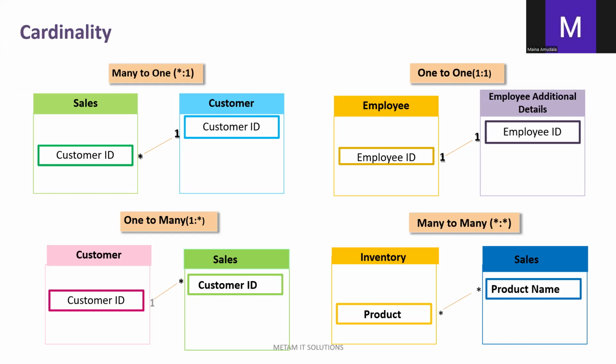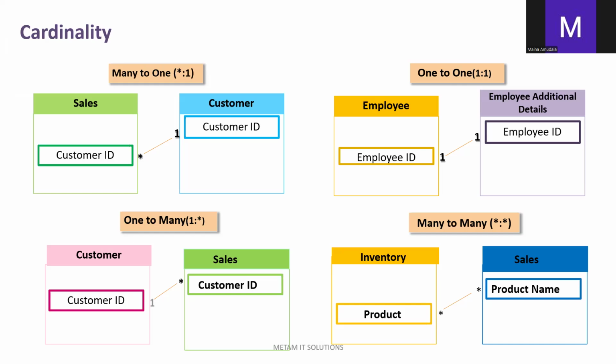And the next one is many to many. In the inventory table I am taking the column product, and in the sales table I am taking the product name, the names of the products, having the relationship between the inventory table and the sales table. Here I have many instance values, and in this product name also I have many instance values.